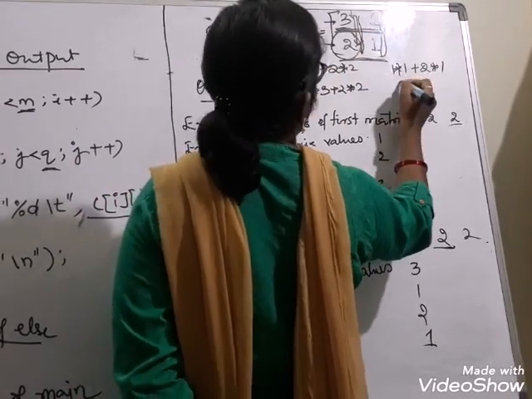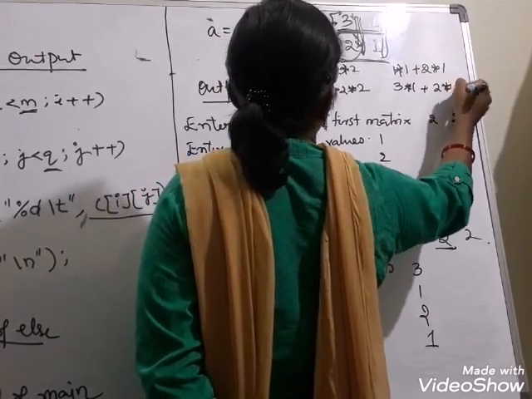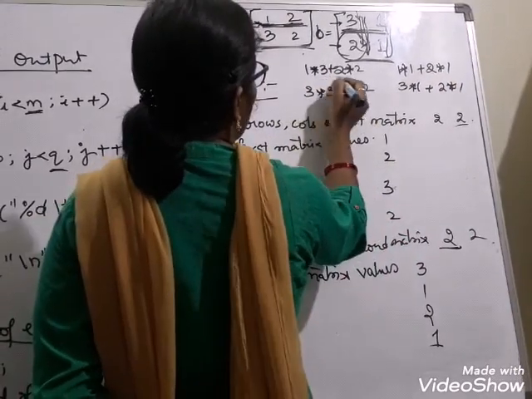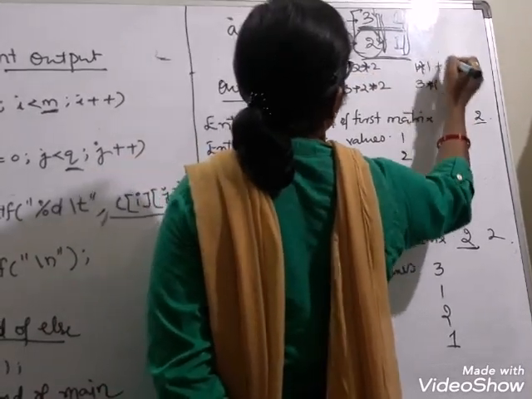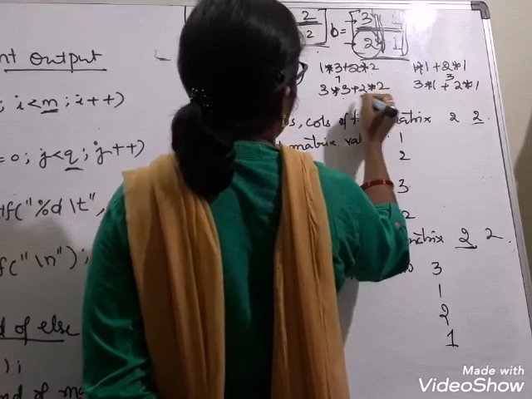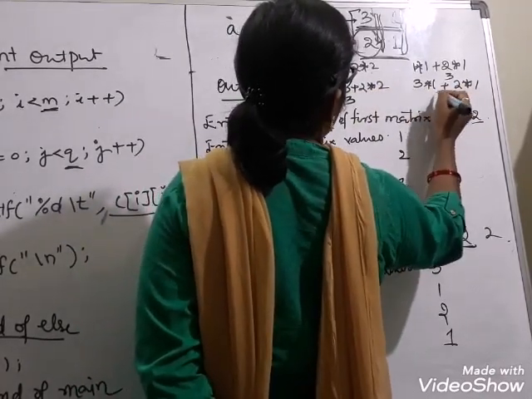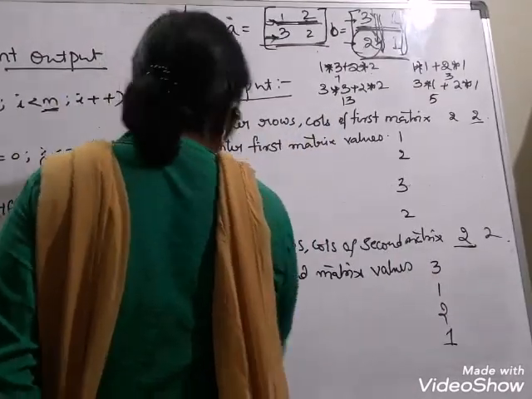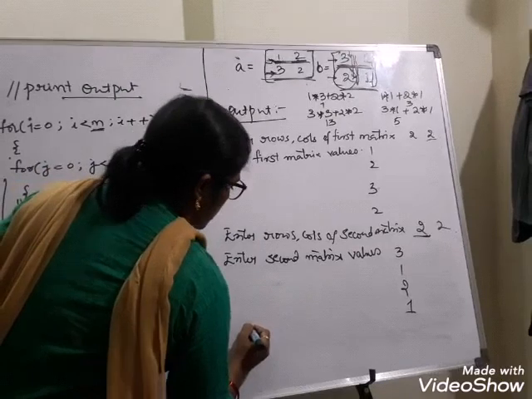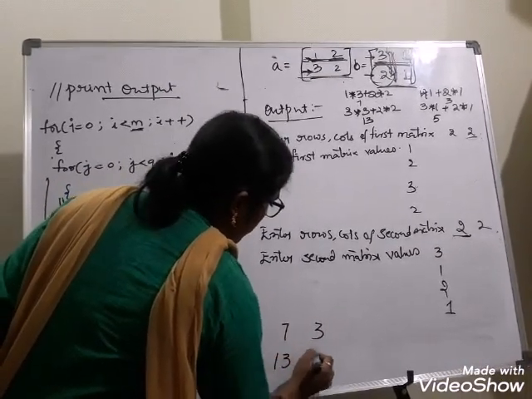And 3 into 1 plus 2 into 1. So my result will be 3 plus 4, 7, 1 plus 2, 3. This is 9 plus 4, 13, 3 plus 2, 5. I have not given anything, so directly it will print 7, 3, 13, 5.